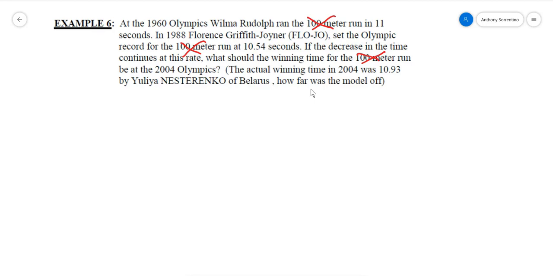And so the points I'm given that I know would be on a linear function, if I was assuming it was, are the year 1960, 11 for the number of seconds, and then 1988, comma, 10.54.